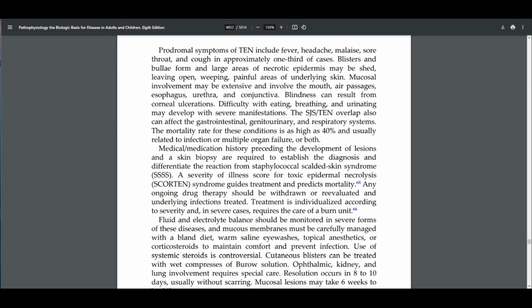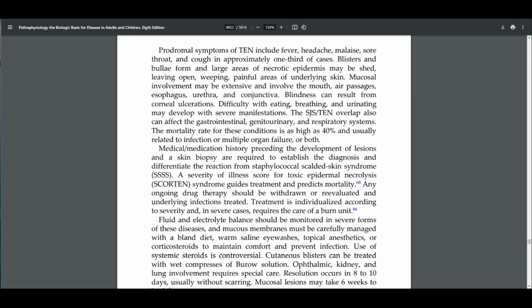Prodromal symptoms of TEN include fever, headache, malaise, sore throat, and cough in approximately 1/3 of cases. Blisters and bullae form and large areas of necrotic epidermis may be shed, leaving open weeping, painful areas of underlying skin. Mucosal involvement may be extensive and involve the mouth, air passages, esophagus, urethra, and conjunctiva.